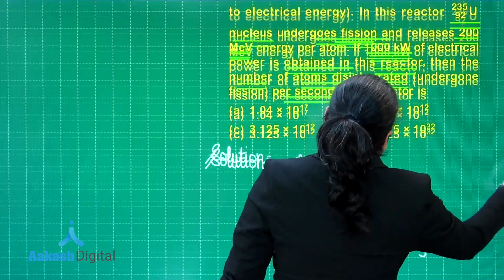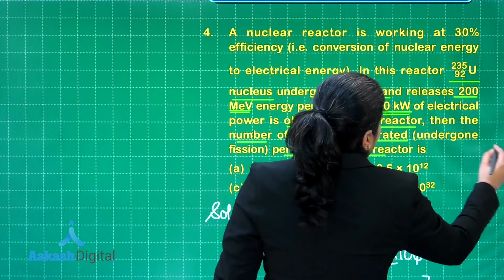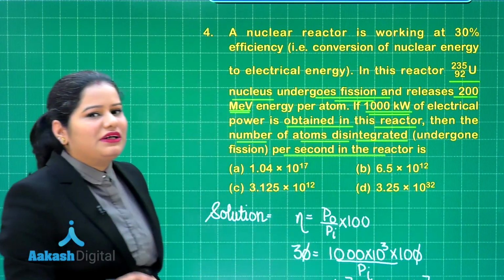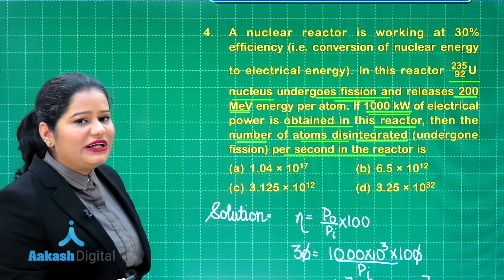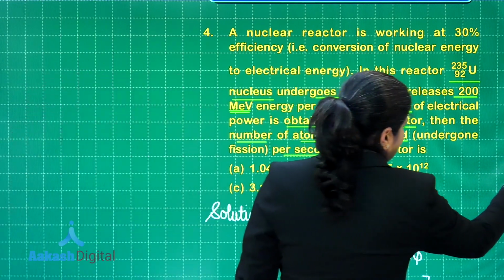Now see, they are saying that when one atom of uranium undergoes fission, it produces the energy 200 mega electron volt.